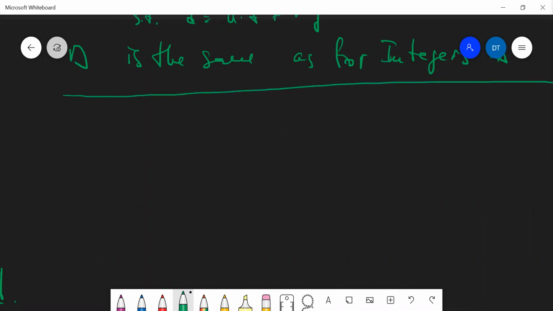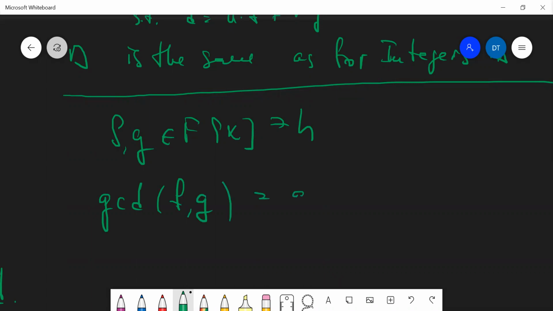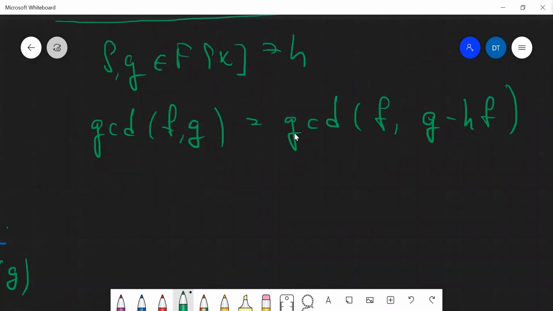If we have two polynomials, f and g, and let's say h is another polynomial here, then the greatest common divisor of f and g is exactly the same as the greatest common divisor of f and g minus hf. So this is one of the properties that I would like to explain. And using this property, we can efficiently compute the greatest common divisor for every pair of polynomials.